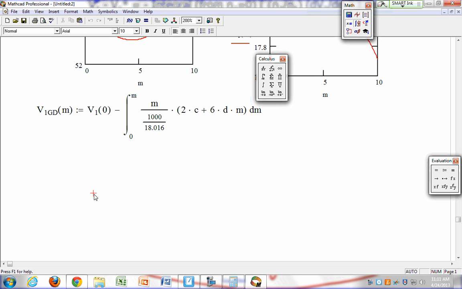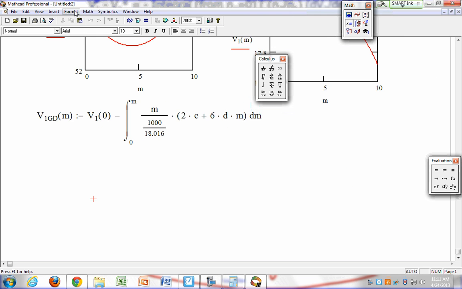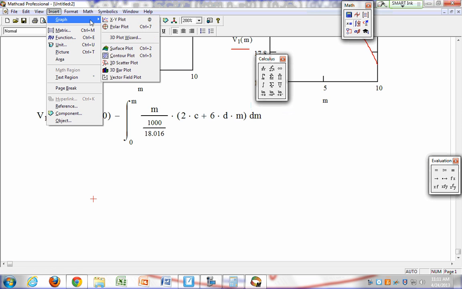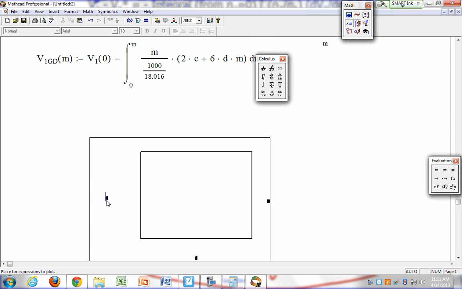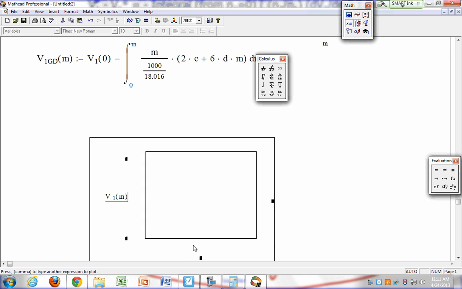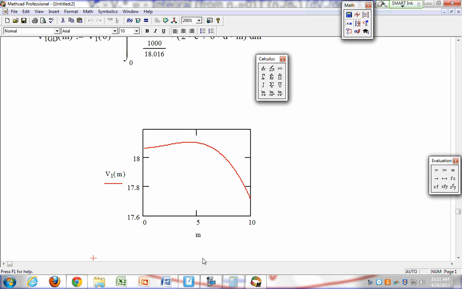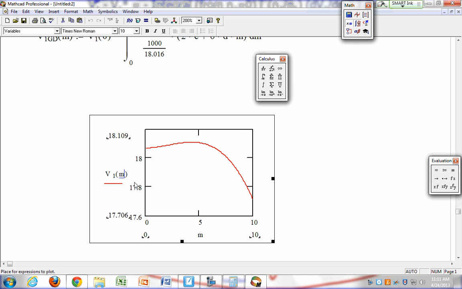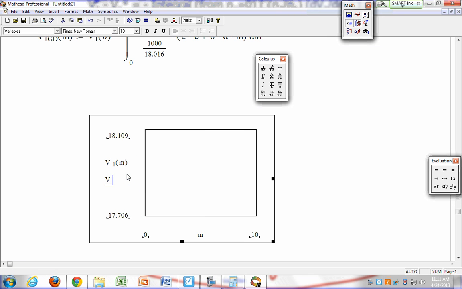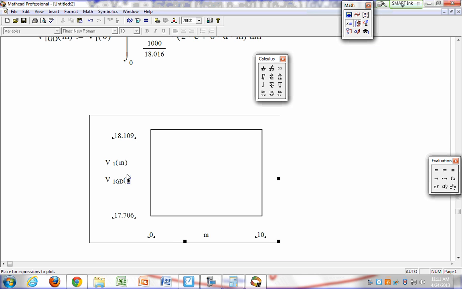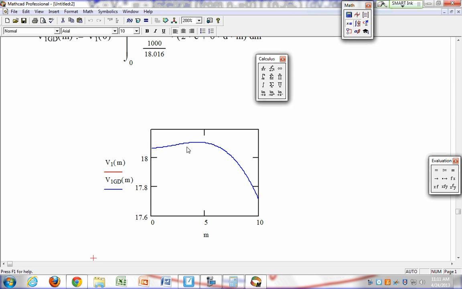Alright, so let's compare that. Let's plot that now. Okay, so V1 of m versus m looks like that, and let's compare V1 using the Gibbs-Duhem method, versus m, and you get the same result.